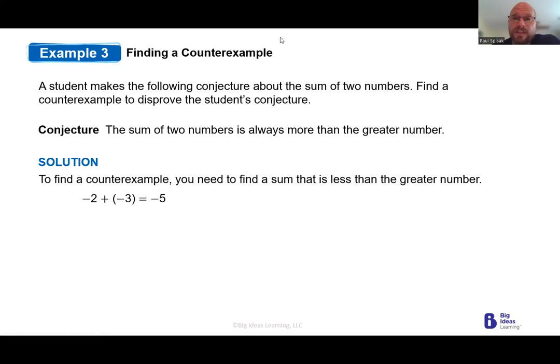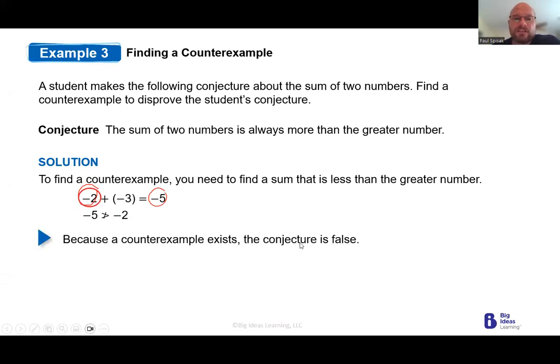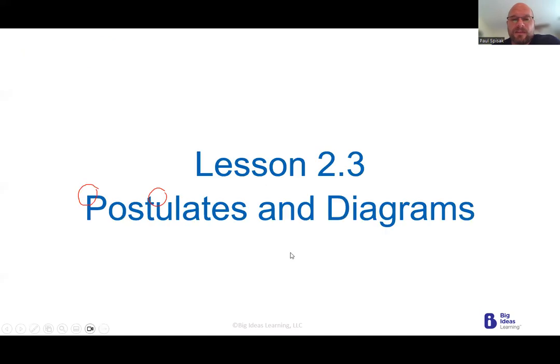So -2 is the biggest number, and the sum, -5, is actually the smallest number here. So again, this is just one counterexample, but we only need one counterexample to prove that it's wrong. So since -2 is going to be greater than -5, it is false. All right, and that's it for 2.2. That's all we're doing from 2.2.